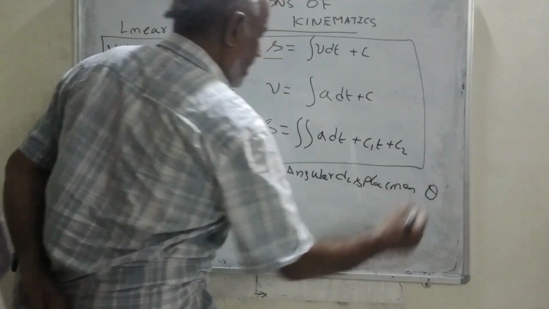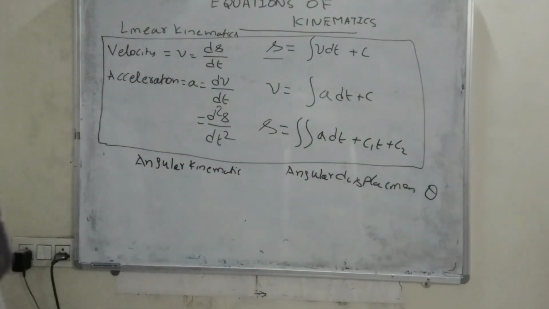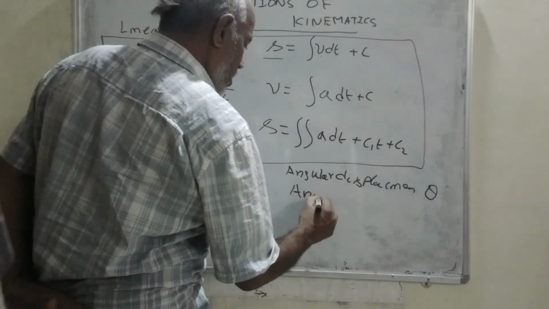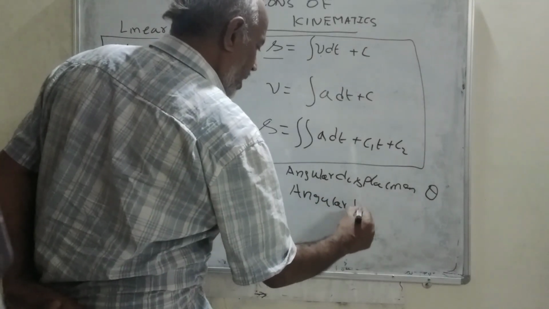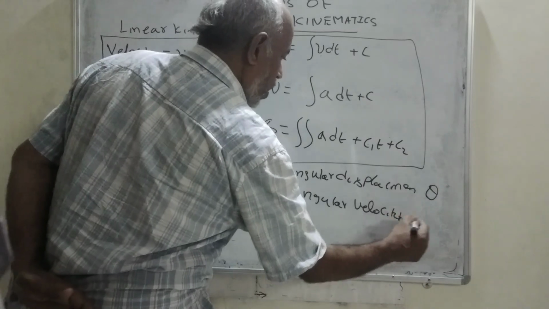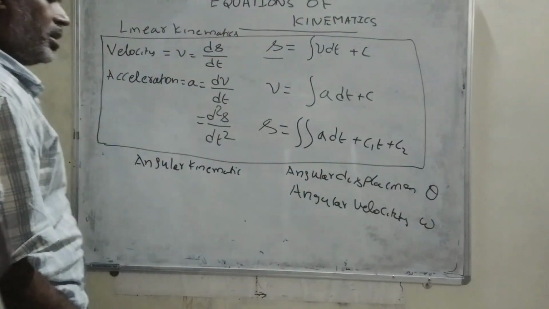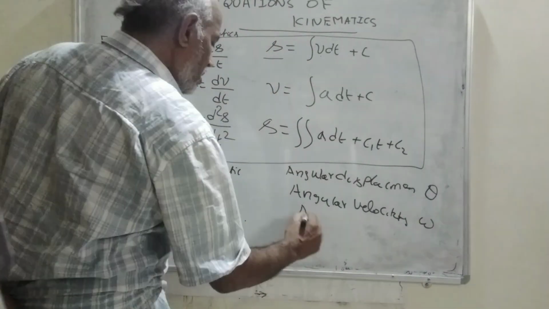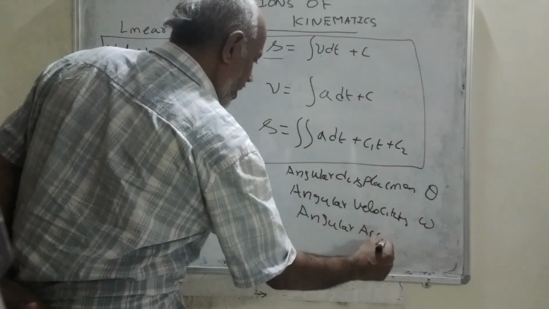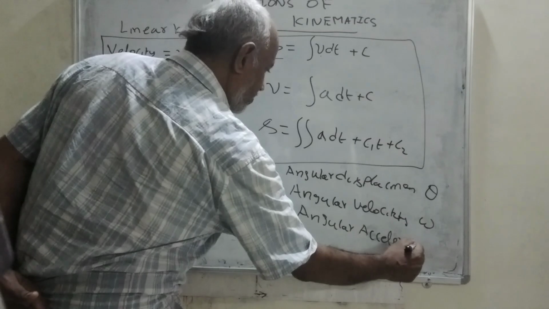Angular displacement theta means the number of revolutions. Angular velocity is omega, and angular acceleration is alpha.